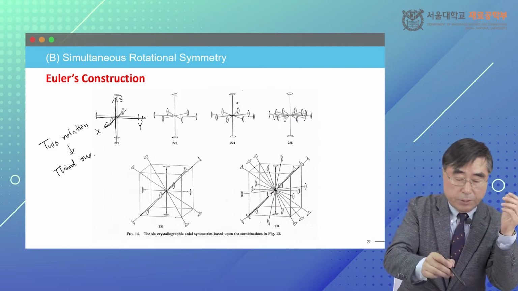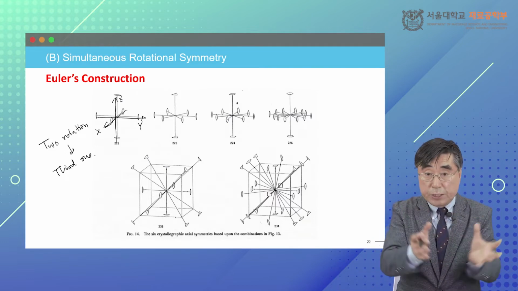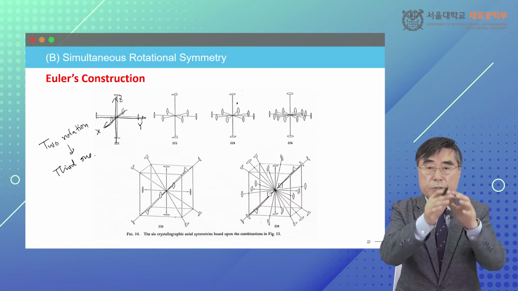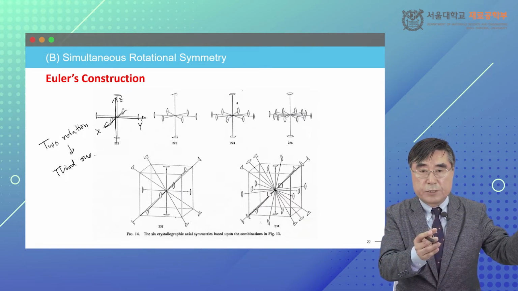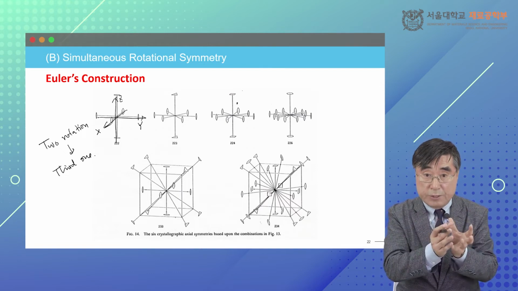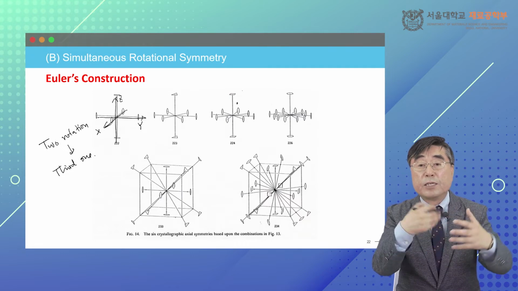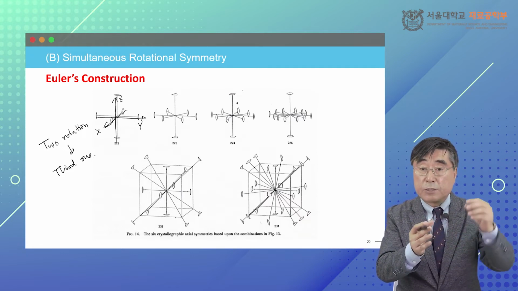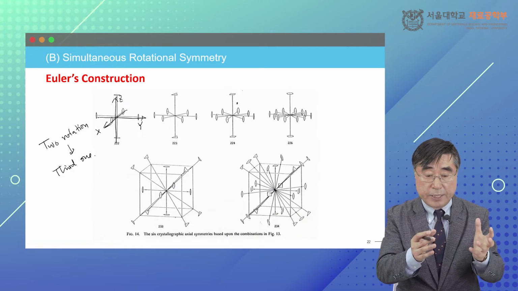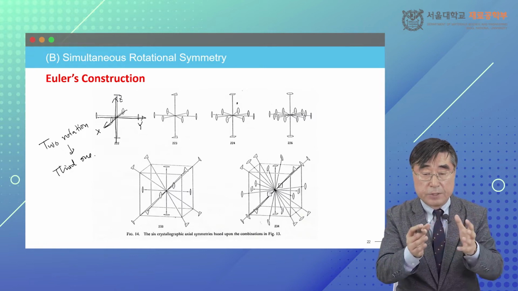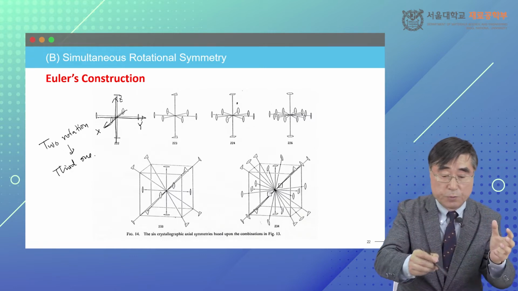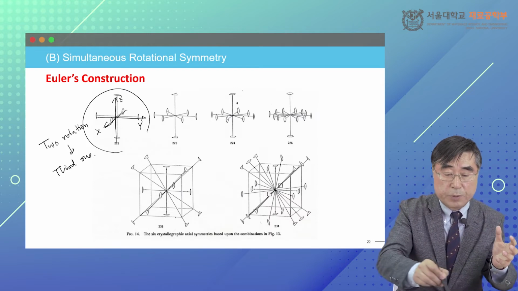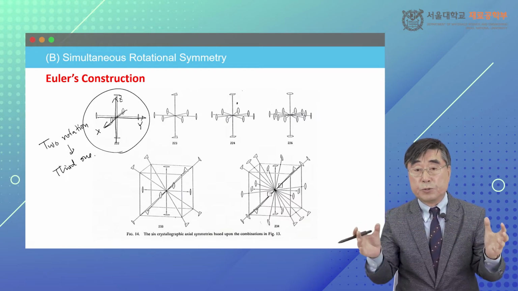All right, let me go to the stereographic projection of this operation. In order to explain this, I described stereographic projection and how you utilize your Wulff net to rotate certain poles by a certain rotation axis. If you followed that, then I hope you can follow me. Let's do the stereographic projection operation of this 2, 2, 2.